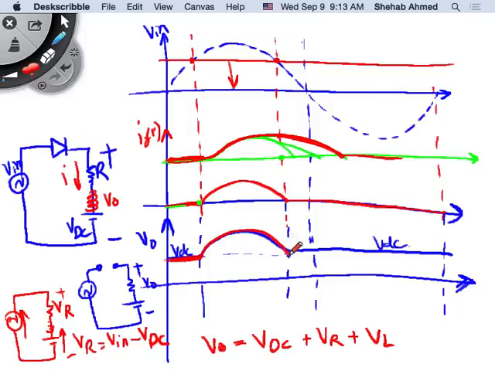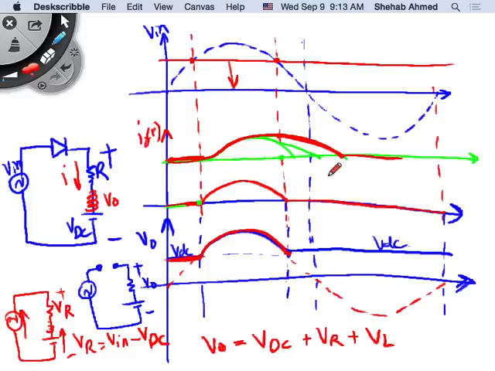And then, for the resistor case, it stopped here because current stopped here, and then it became VDC. For the RL case, where will it stop? Yeah, it will continue to look exactly like Vin. This is my Vin, right?